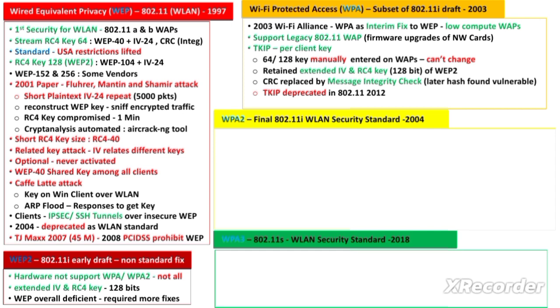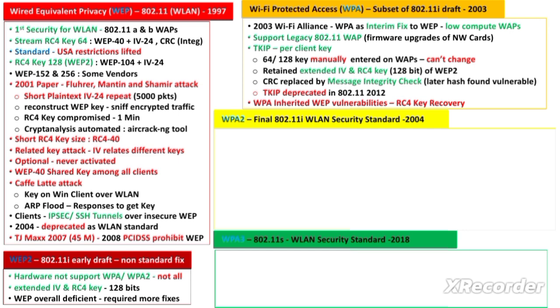So, moreover, the TKIP itself was deprecated in the wireless LAN protocol improvement in 2012. So WPA inherited the WEP vulnerability, and the RC4 key was able to be recovered by the hacker.